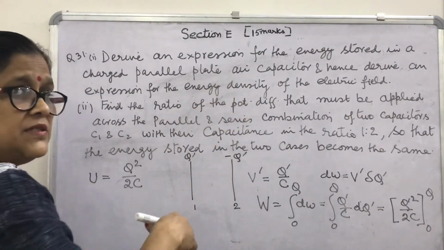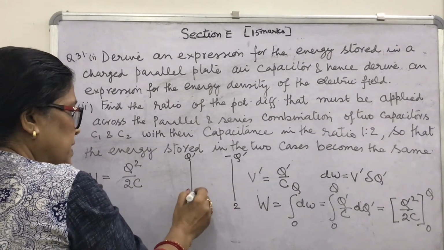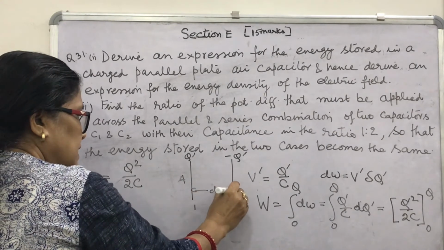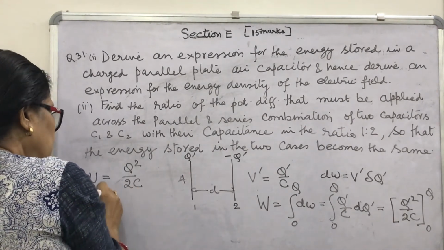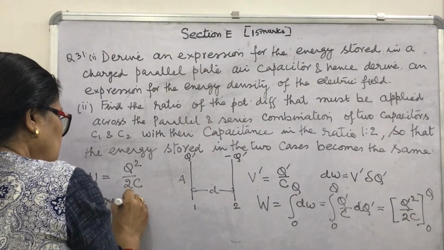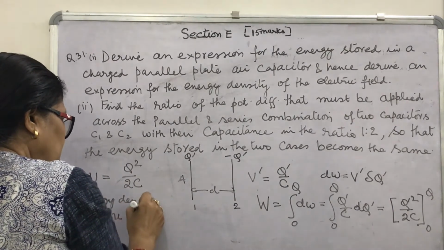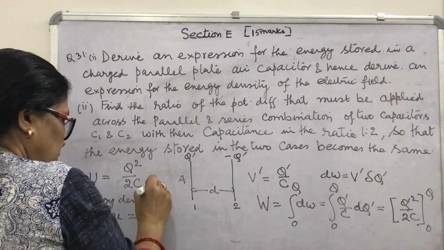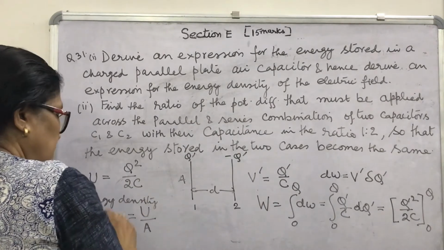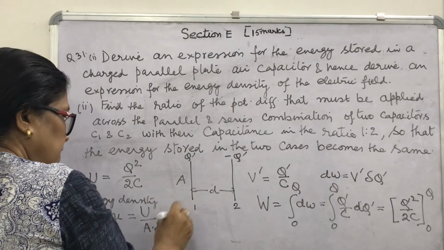Energy density, you know, density is mass per unit volume. Energy density is energy stored per unit volume, the volume of the capacitor. You know, plate area is A and gap between the plates is D, so the volume will be A into D. If the energy density expression is to be derived, then energy density is represented by small u, and small u equals U, the total energy of the capacitor, upon area into small d, which is the volume.